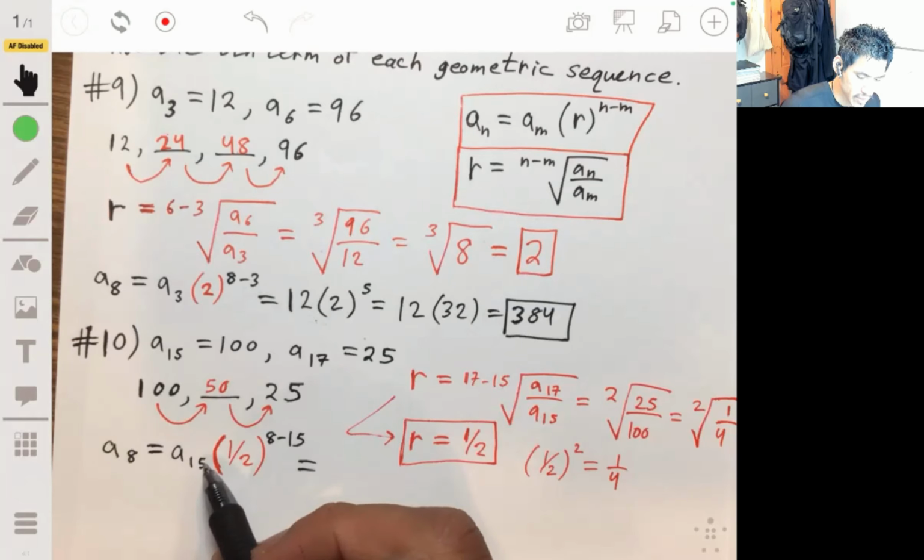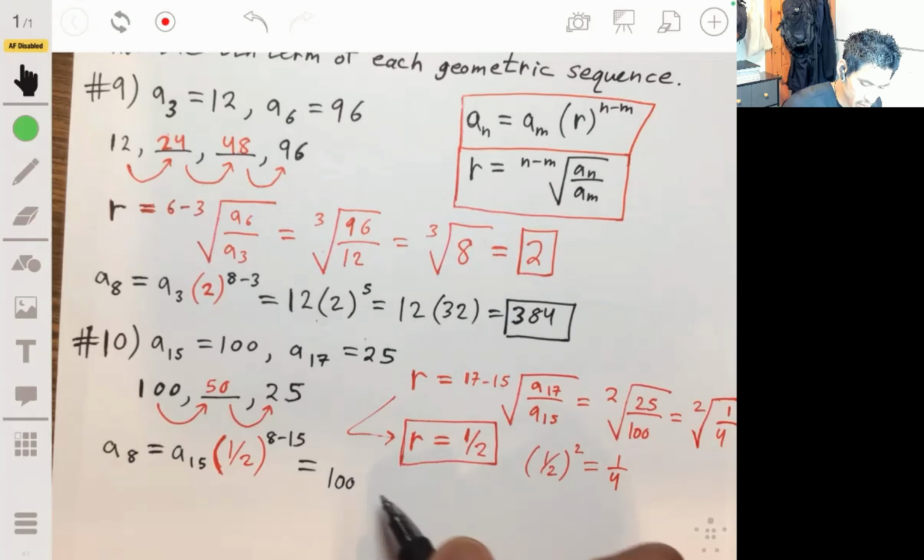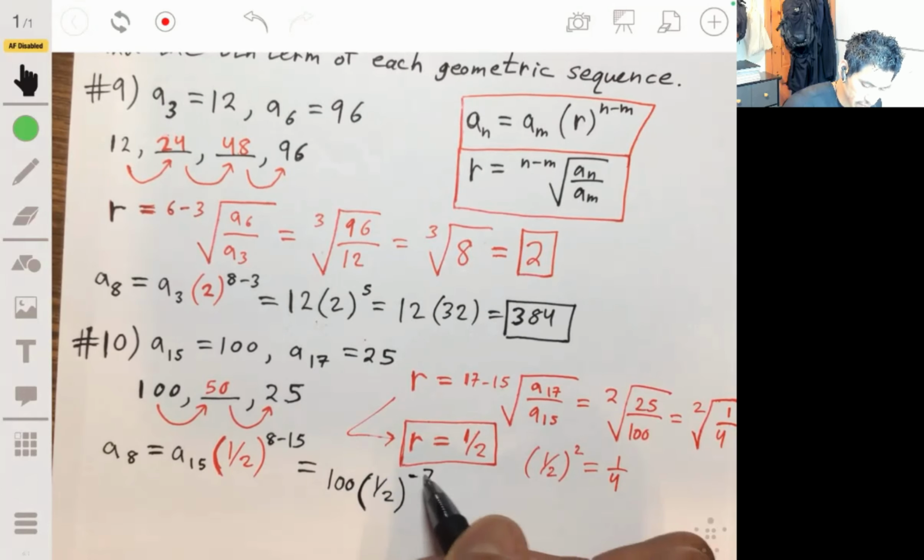That's a15, 100, times 1/2 to the negative 7th power.